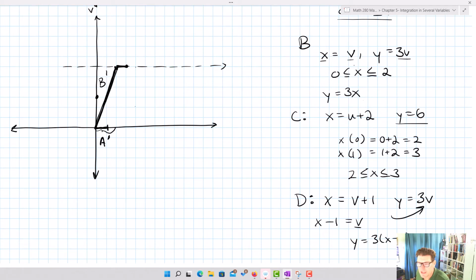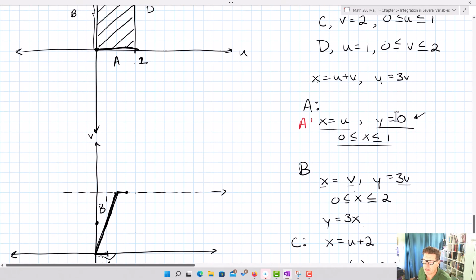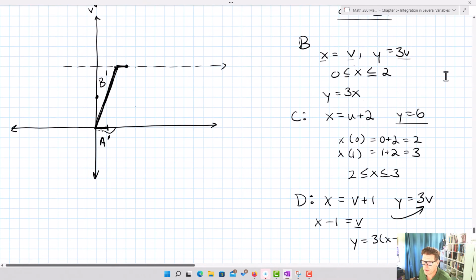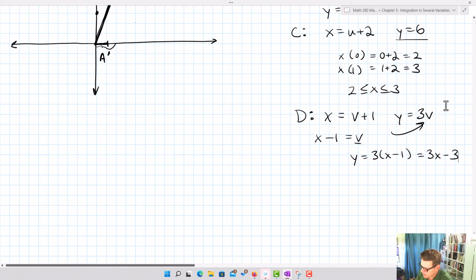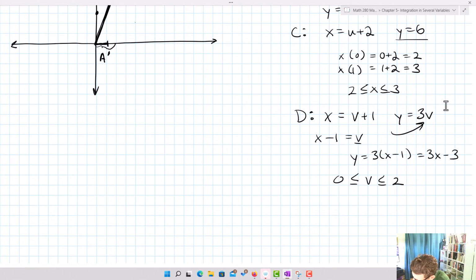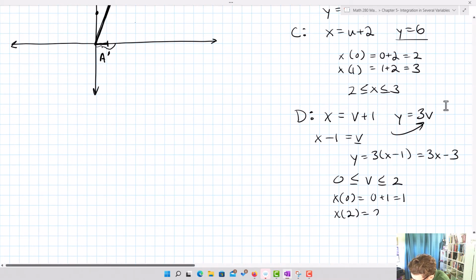And then we need to figure out what x values we're looking for. So v is going to be greater than or equal to 0, less than or equal to 2. So v goes from 0 to 2. So x of 0 equals 0 plus 1, which equals 1. And x of 2 is going to equal 2 plus 1, which equals 3. So x is going to be greater than or equal to 1 and less than or equal to 3.